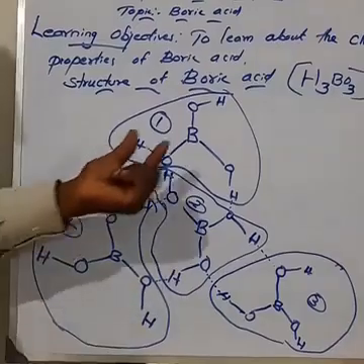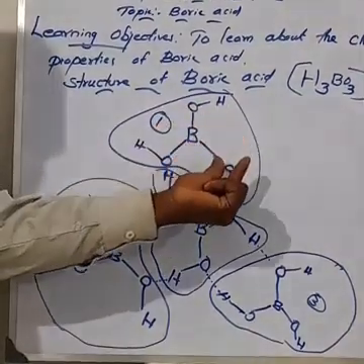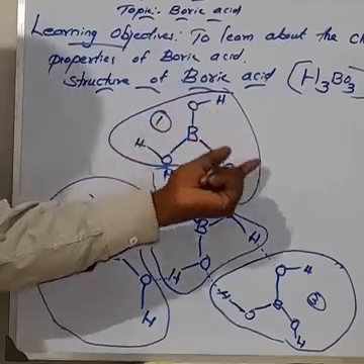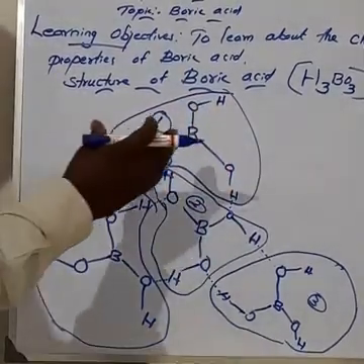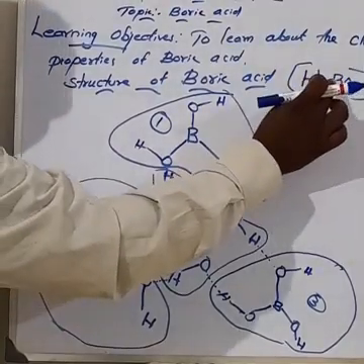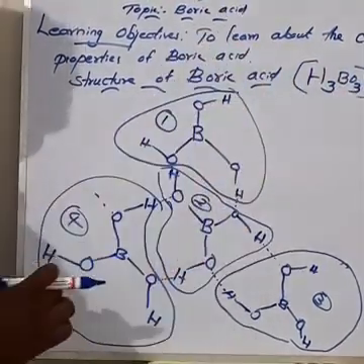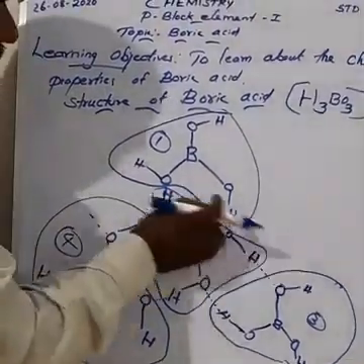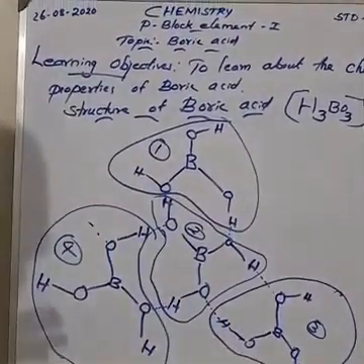Okay. This is a boron atom surrounded by 3 oxygen atoms, also having hydrogen atoms. So each molecule has 3 elements: 3 hydrogen atoms, 1 boron atom, and 3 oxygen atoms. One molecule to another molecule has one weak bond. This is the structure of boric acid.